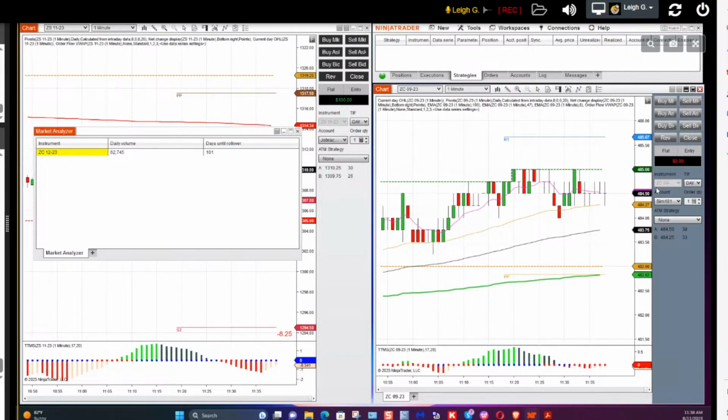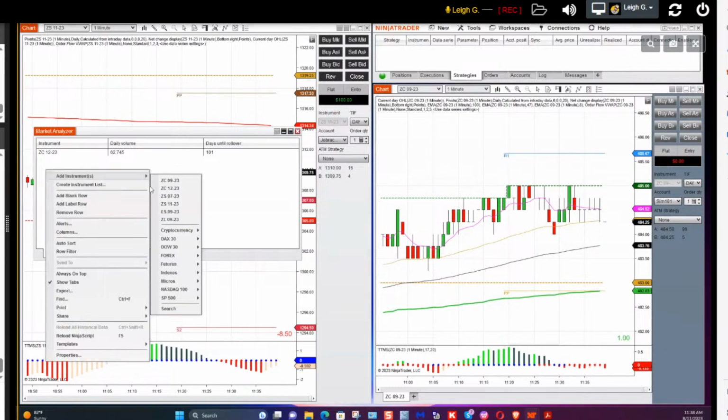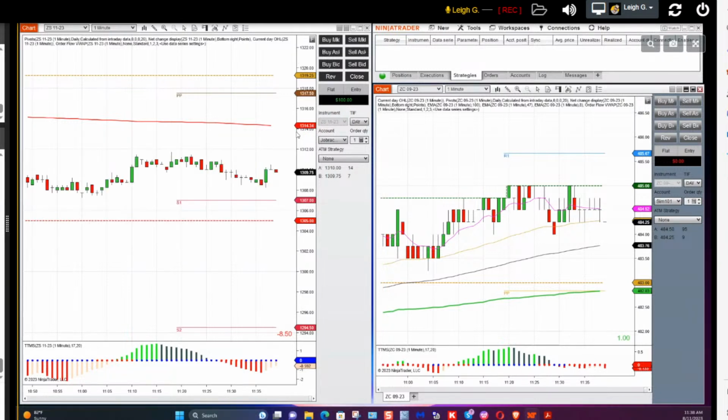It's saying that 923 is the current instrument, but look at the difference in volume. It's quite a bit higher on 12. So I would trade 12. Both of them do have enough volume to trade, but it is a shame when the volume is mixed because that can lead to less liquidity in a trade.